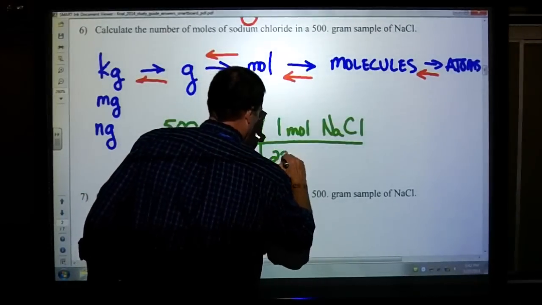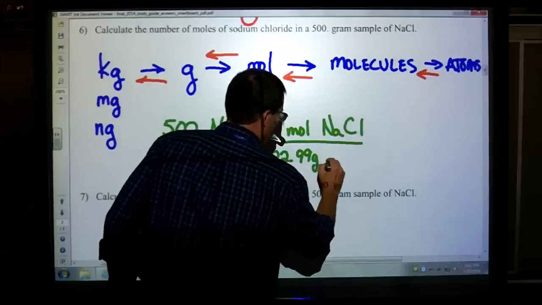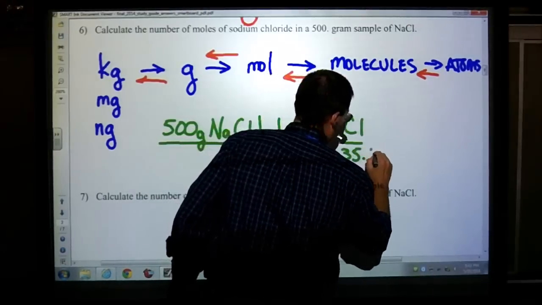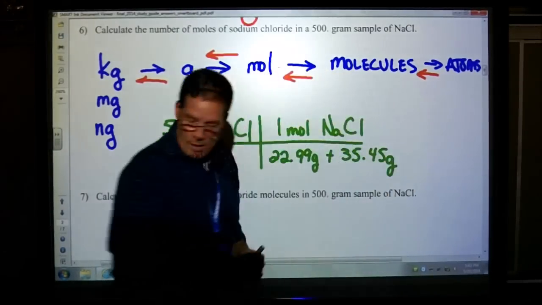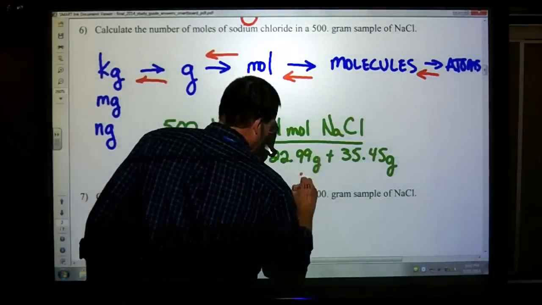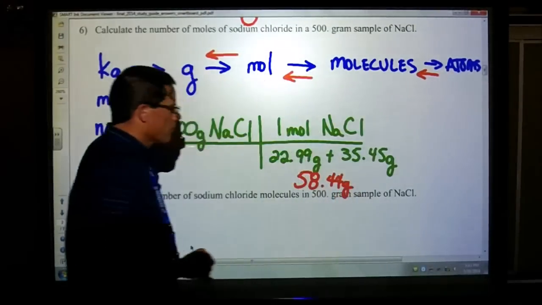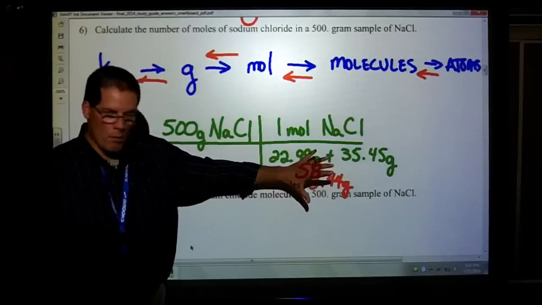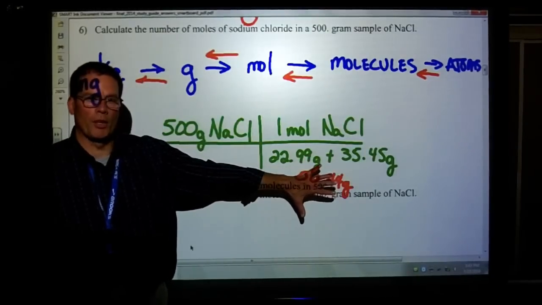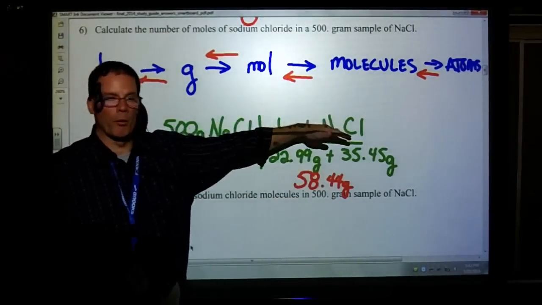So we'll put our 22.99 plus our 35.45 grams, and let's get a mass for that. That equals 58.44 grams. And again, that's 1 mole, or 6.02 times 10 to the 23 molecules of sodium chloride.